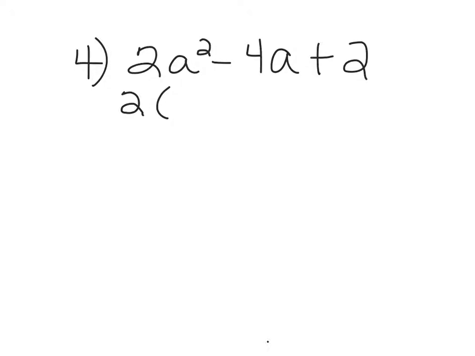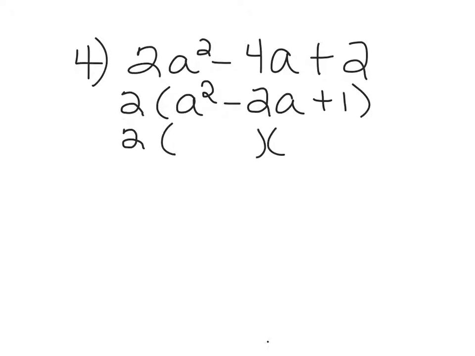So 2 times a squared gives me 2a squared, minus 2 times 2a would give me the minus 4a, and then 2 times 1 would give me that plus 2. Okay, so now I've pulled out everything that they have in common, and I'm going to look at the inside of the parentheses. I still have that 2 on the outside, and I'm going to factor what's inside parentheses.